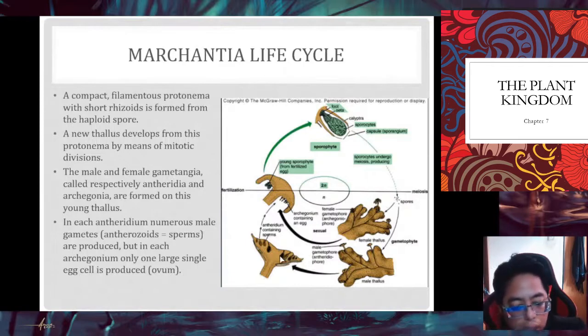Okay, as you can see, sperm there's a lot, and then egg is just one per archegonium. Okay, so yeah, this thing right here looks like an umbrella. It is creating one egg per small archegonium, but here in this crankshaft shaped thing, it is creating a lot of sperm on it.